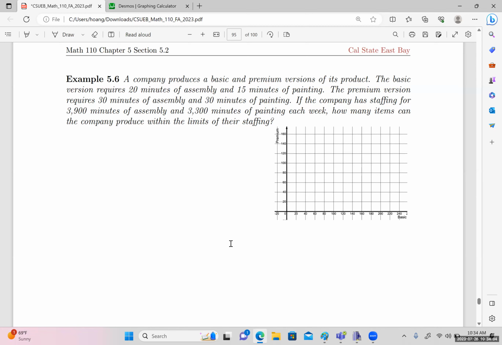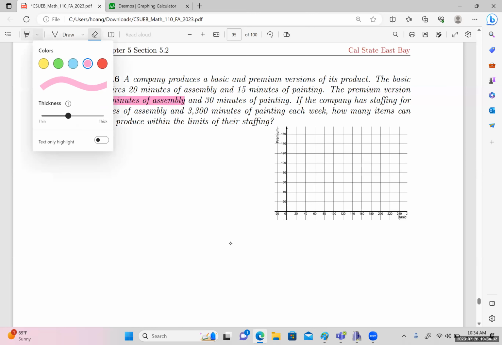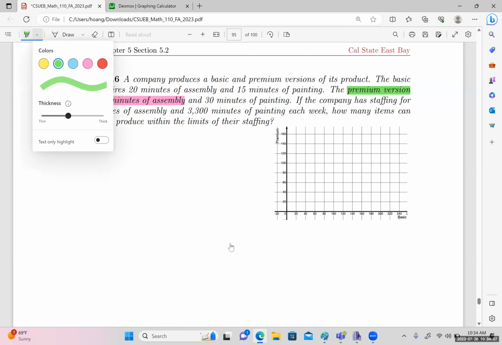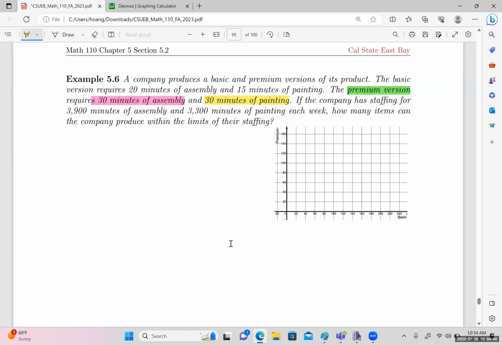The premium version requires 30 minutes of assembly and 30 minutes of painting. So the premium version requires 30 minutes of assembly. Maybe I'll use another color for the premium things.